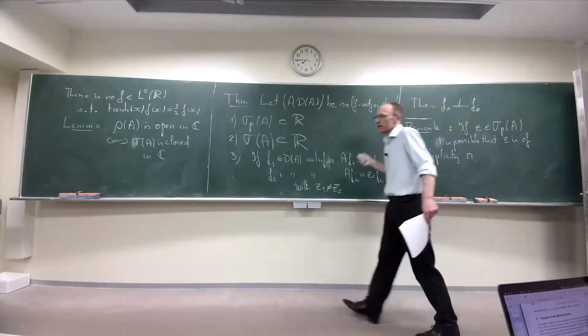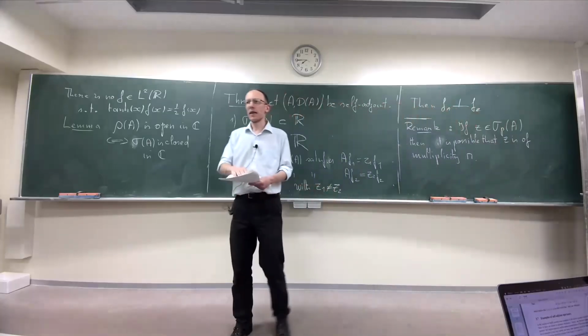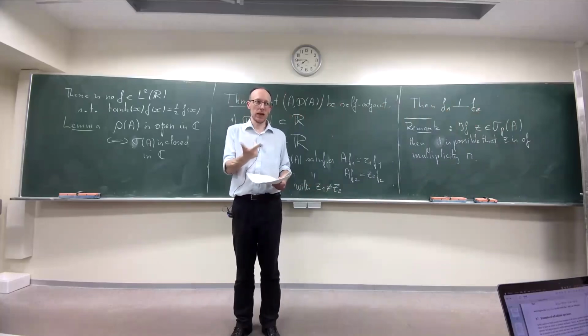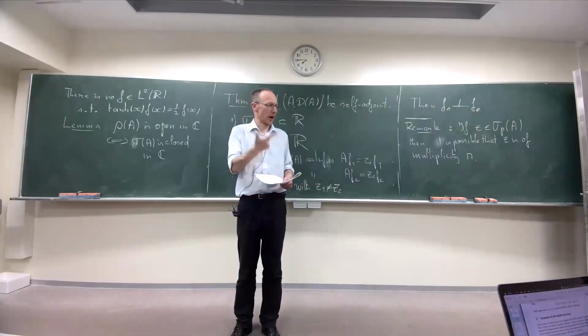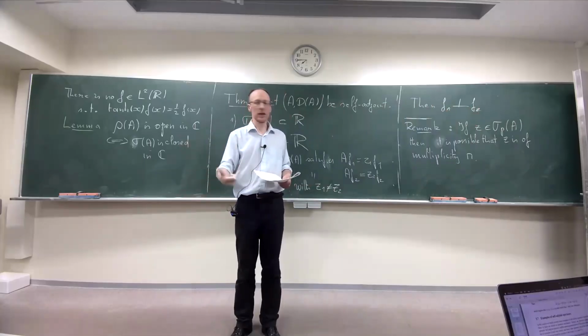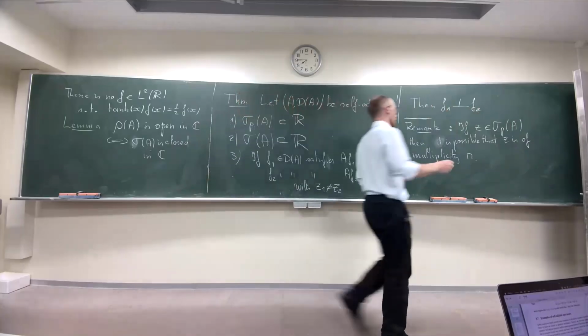And what would the multiplicity n mean? It means there are n linearly independent vectors which satisfy A applied to one of these vectors equals z times this vector.